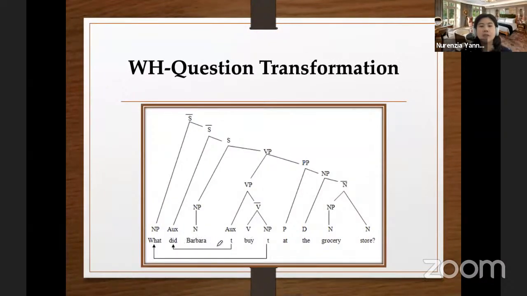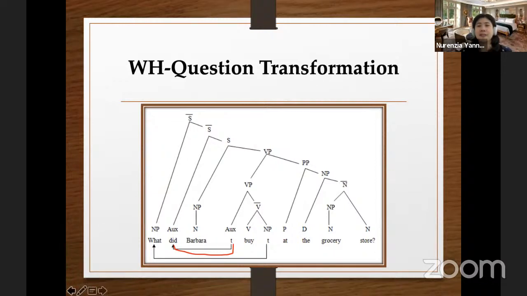Jadi, what did Barbara buy? This is a question, ya. Ternyata ketika itu questions, ya, ada movement auxiliary yang sebenarnya letaknya di sini, tapi kemudian moving ke depan, gitu ya. So, yeah, you just understand this in brief today, but later in the syntax class you will learn this better.